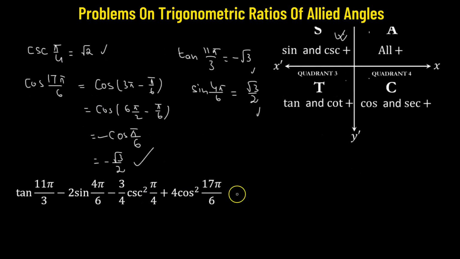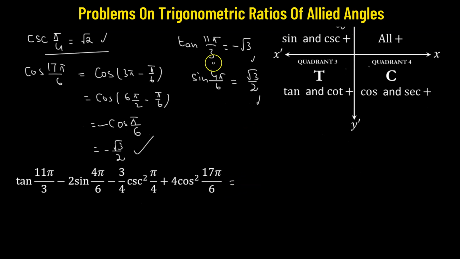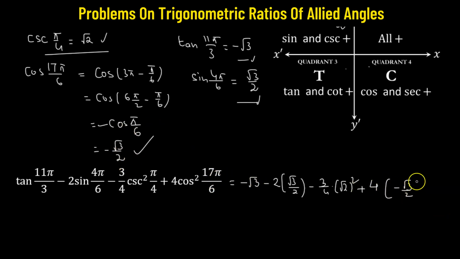We have tangent of 11 pi over 3, that came out to be negative square root of 3, minus 2 times sine 4 pi over 6, which is multiplied by square root of 3 over 2, minus 3 over 4 times cosecant squared pi over 4, so that means we have square root of 2 whole squared, and then we have added to 4 times cosine squared 17 pi over 6, so 17 pi over 6 is negative square root of 3 over 2 whole squared.